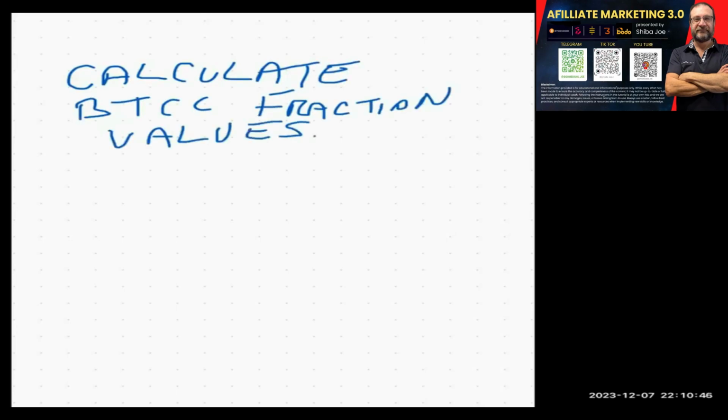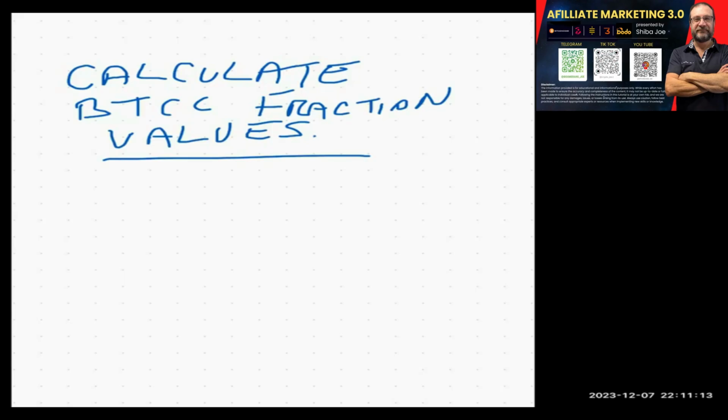This is also important so that when you're looking on your DAPP, if you've mined a quarter of a BTCC, you know what that's worth. On the DAPP it shows you what your mined BTCC is worth, but you're trusting the DAPP to be accurate. So you can make the calculation yourself to see if it's accurate.